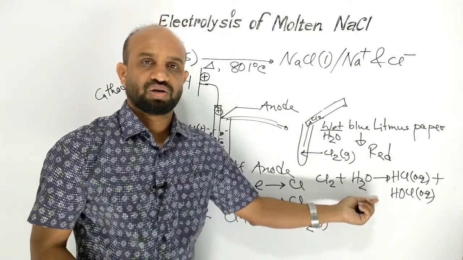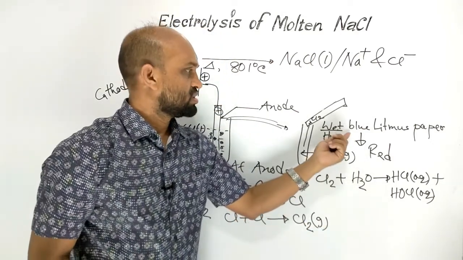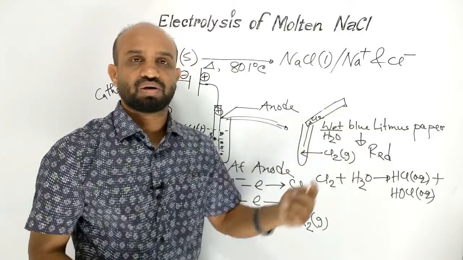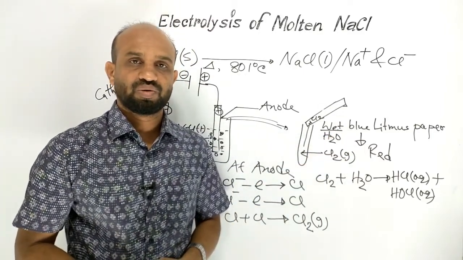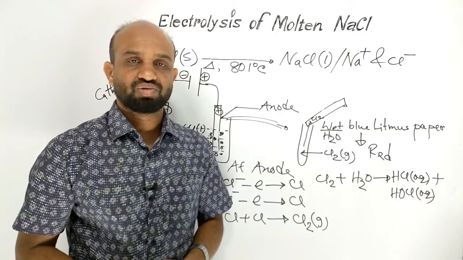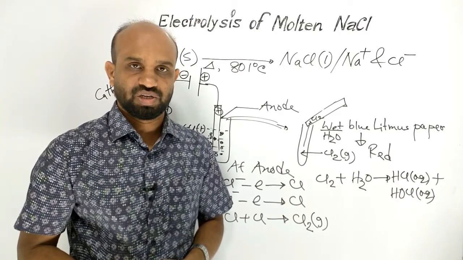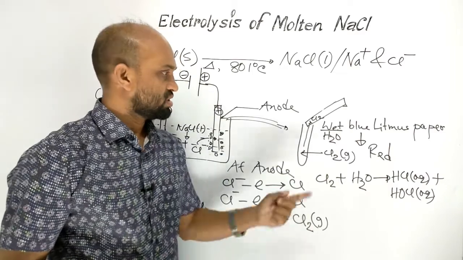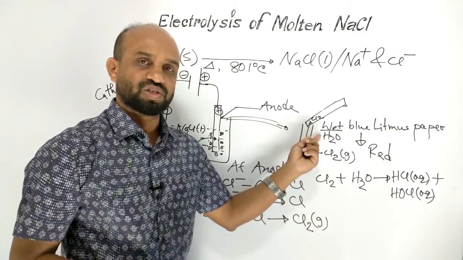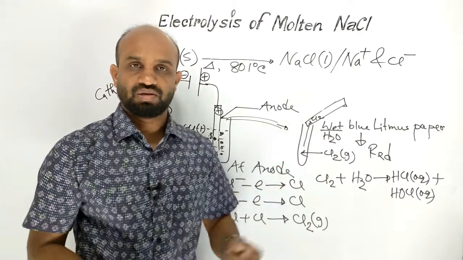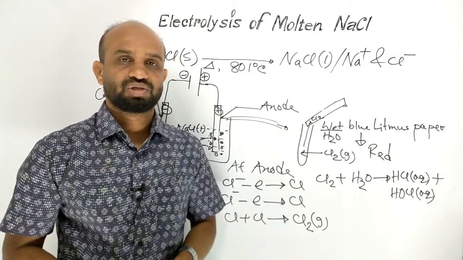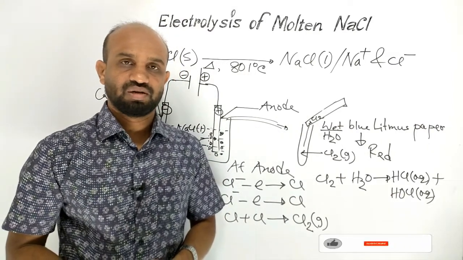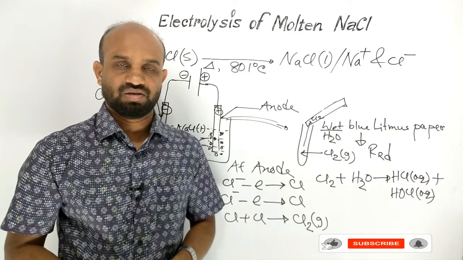Because of the formation of acid, blue litmus paper turns red. It is known that blue litmus paper turns red in acidic medium. That is why here blue litmus paper turns red. This is the way chlorine gas produced in this electrolytic cell can be detected.